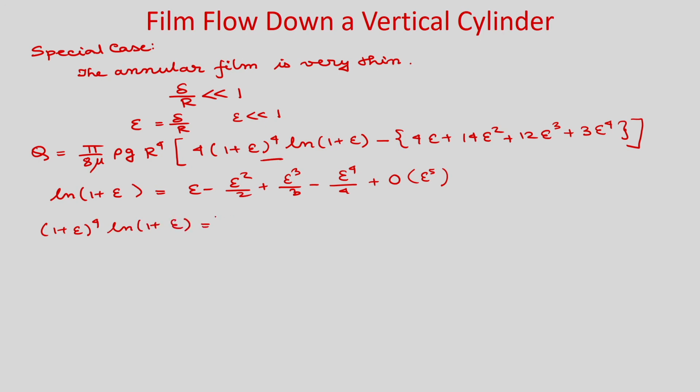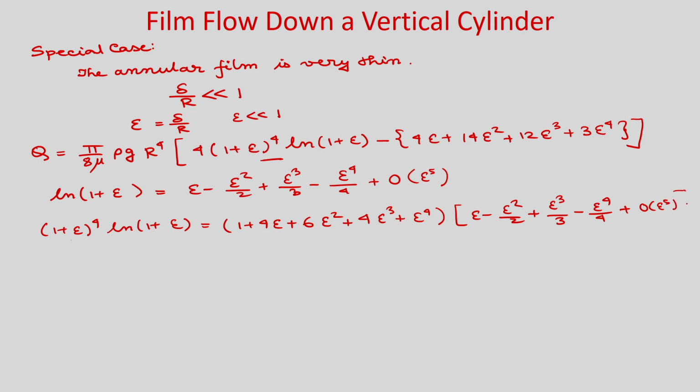Okay. So, this term you will get 1 plus 4 epsilon plus 6 epsilon^2 plus 4 epsilon^3 plus epsilon^4, and these terms epsilon minus epsilon^2 by 2 plus epsilon^3 by 3 minus epsilon^4 by 4 plus order of epsilon^5.